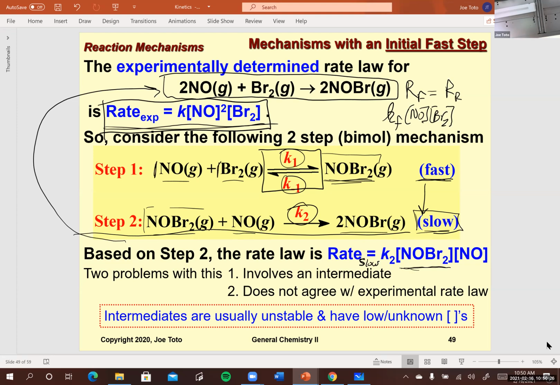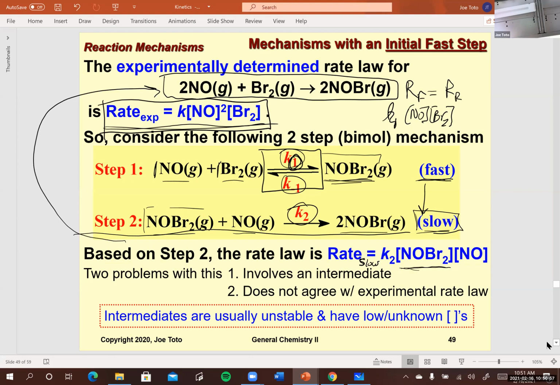And since this is an elementary step, I can just look at those stoichiometric coefficients and know the exponent in the rate law for that step. Everyone see that? And that K forward, really, I should write as K1. That's what it is down here.